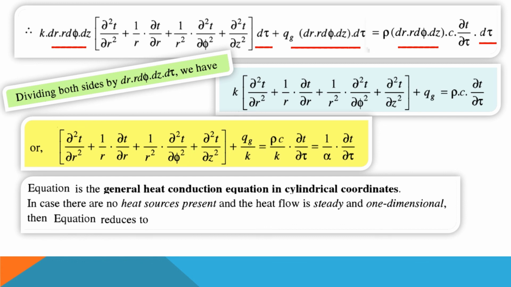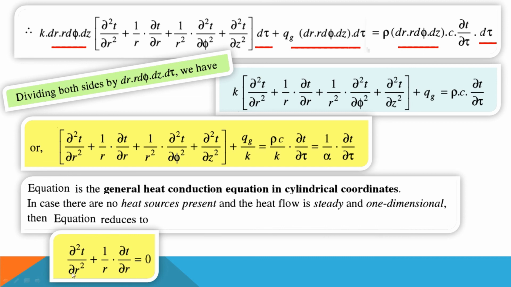So here we are considering only the radial direction. So the equation is del square T by del r square plus 1 upon r del T by del r, because in one dimension we are considering only the radial direction, and in the other directions heat transfer is 0, so it is equal to 0.